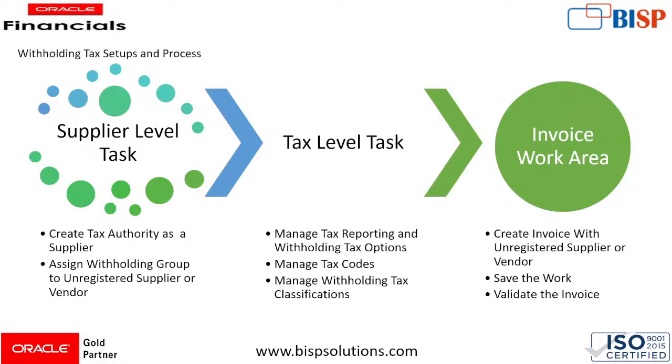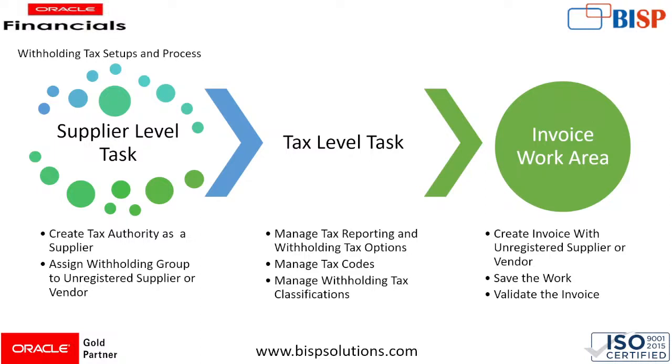And that classification or group, you can say, will be assigned to the unregistered supplier or vendor, right? So that is what we are going to do, and after assigning that particular vendor with that particular group, at the site level also we will enable that.